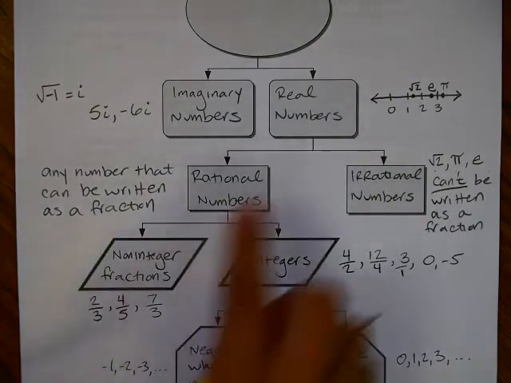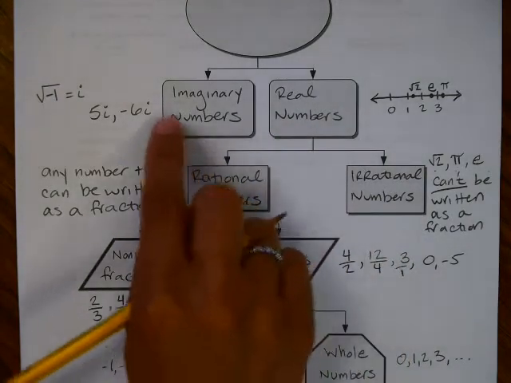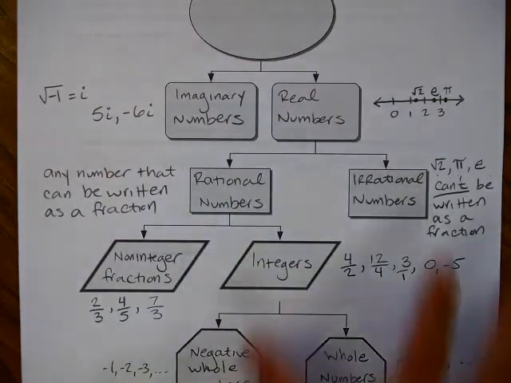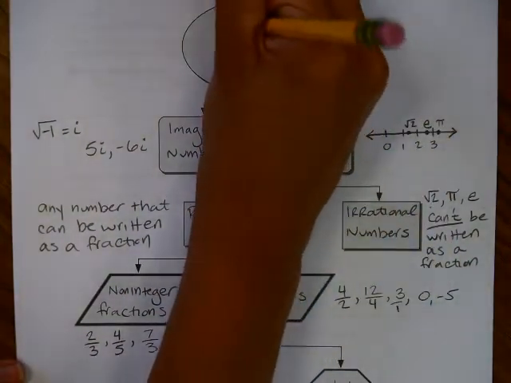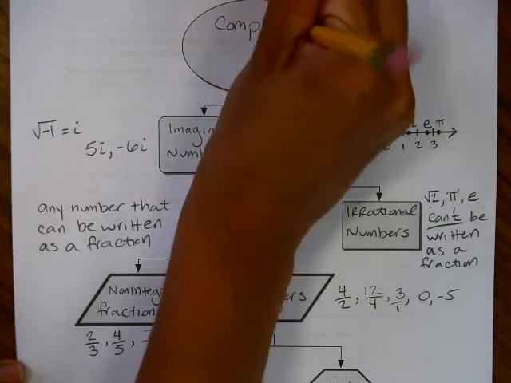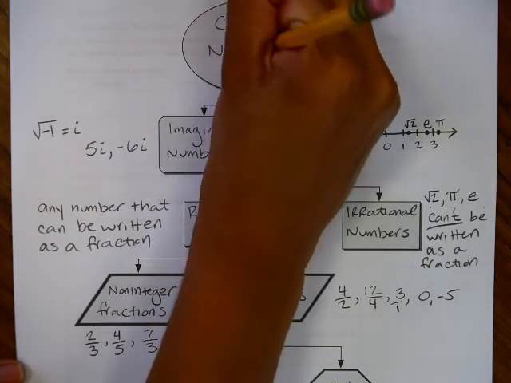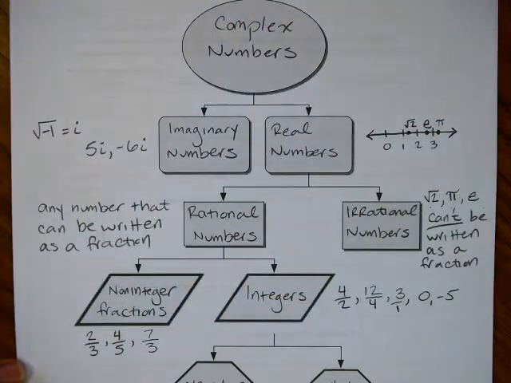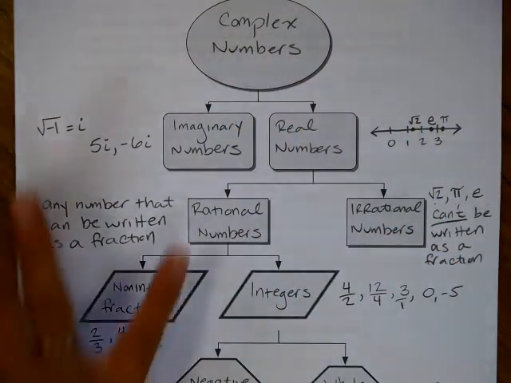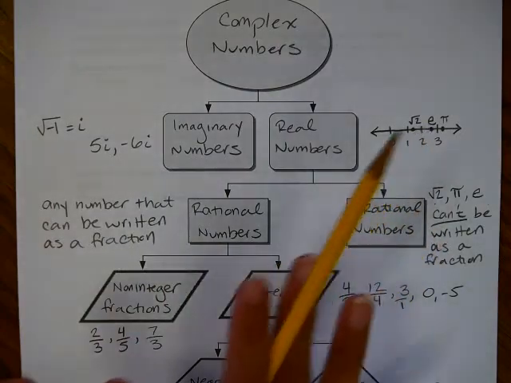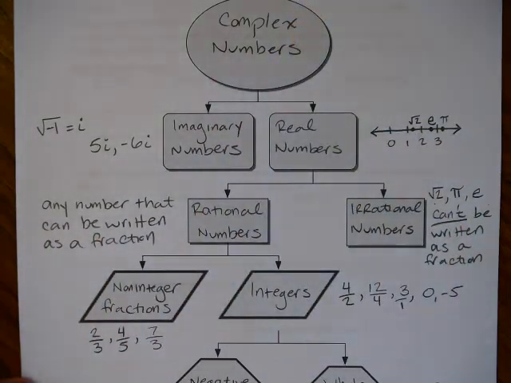Alright, and finally, we take our real numbers, we take our imaginary numbers, put those together, and everything on this page goes into complex numbers. So because this is at the top of the flowchart, every single label we have is also considered a complex number.